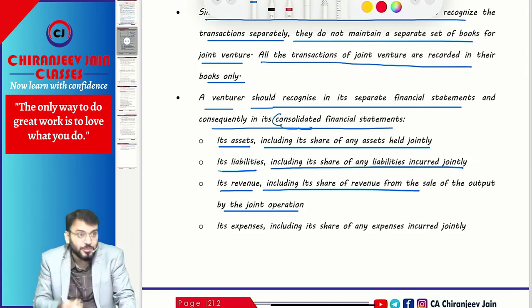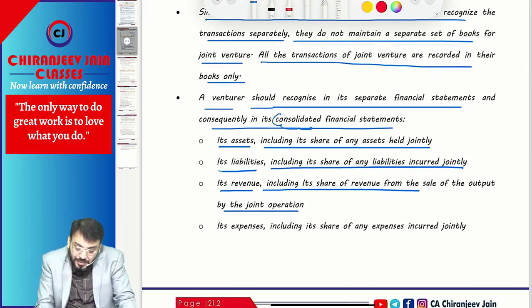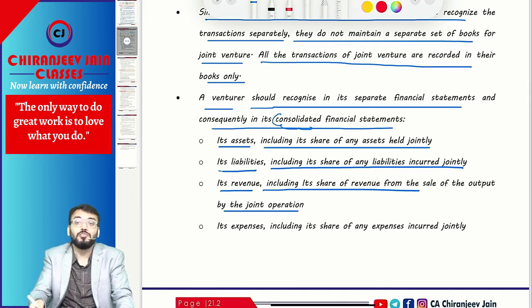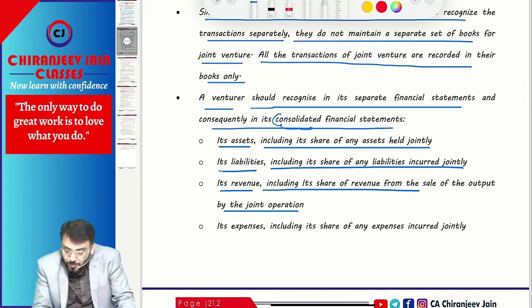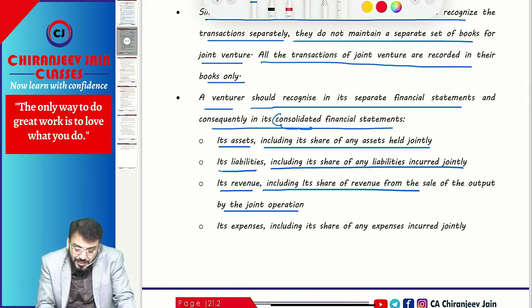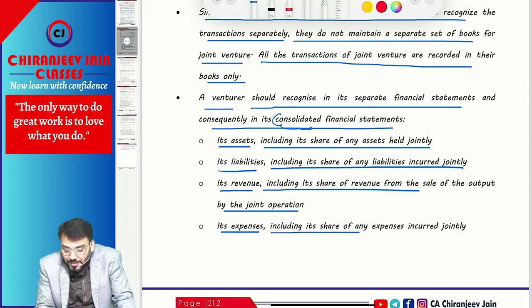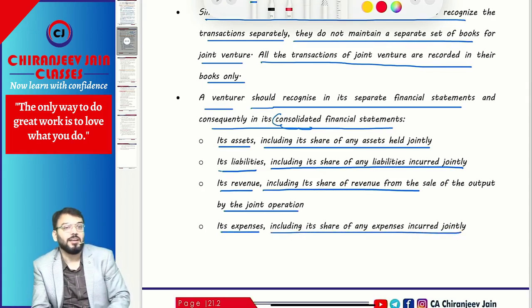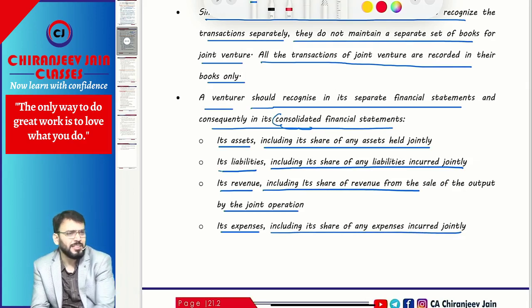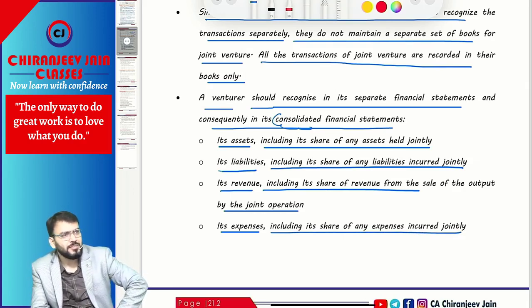So its revenue means accounting fees, including his share of revenue from other fees from the sale of output by the joint operation. Its expenses include his share of any expense incurred jointly. All this information will be given in the question. Done.